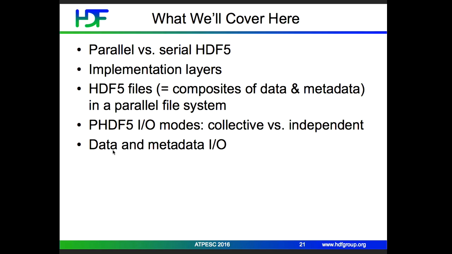And then we'll talk about some of the challenges and heuristics that you can apply when you do data and metadata I/O with HDF5. And again, data and metadata in the sense that I defined earlier. Data is the problem size stuff. Metadata is the annotational stuff in the application sense, but also a lot of the things that make HDF work under the covers.